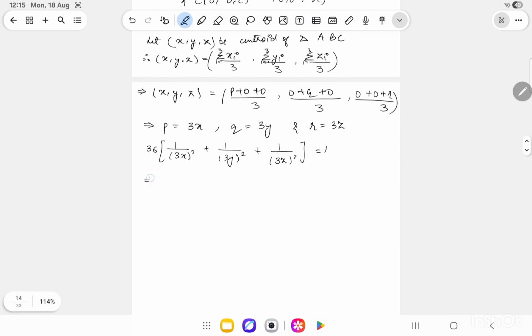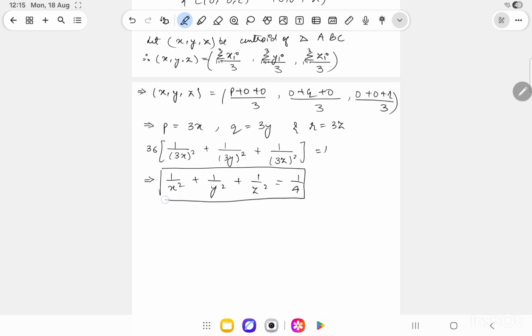On further simplifying, I'll get 1 by x square plus 1 by y square plus 1 by z square equals 1 by 4. And this is the required locus of centroid of triangle ABC.